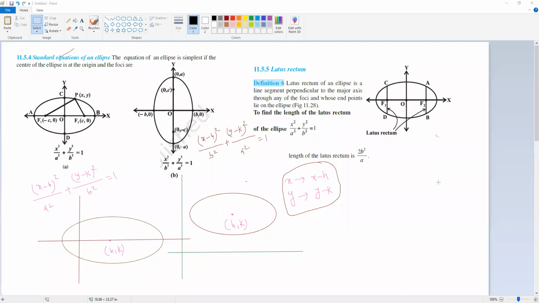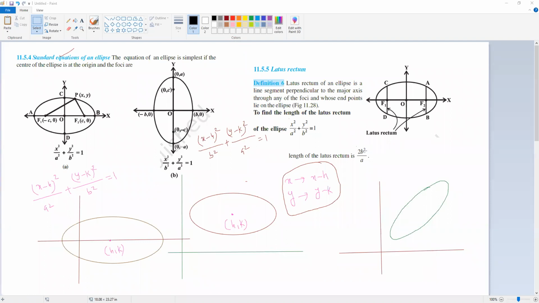And one more I have to tell you. This one, an ellipse can be not only horizontal major axis. See, y axis, x axis, ऐसे भी ellipse हो सकते.